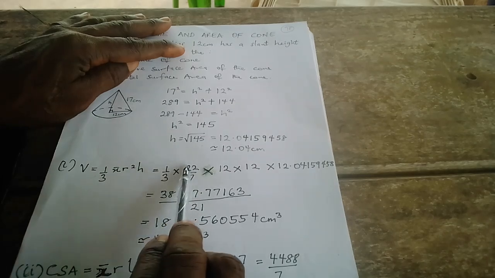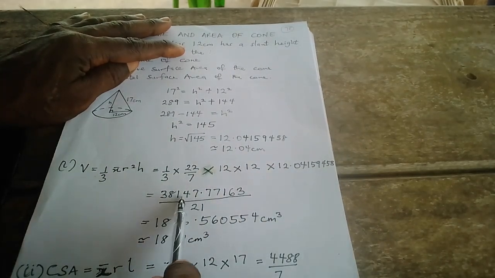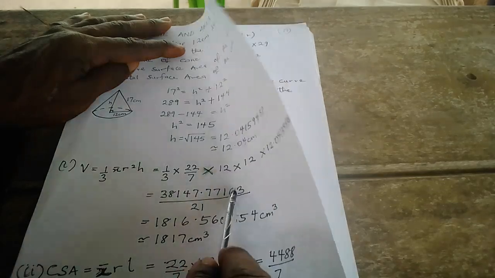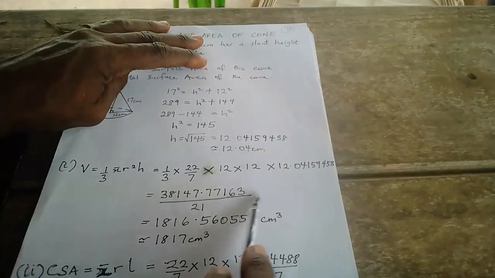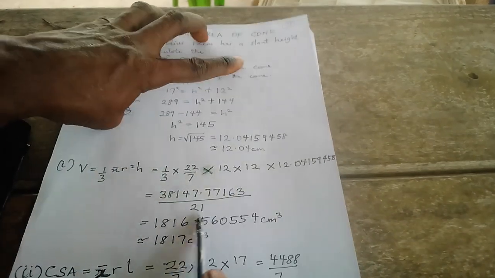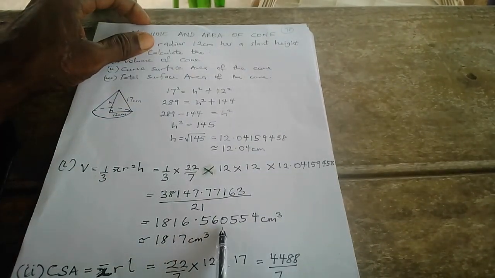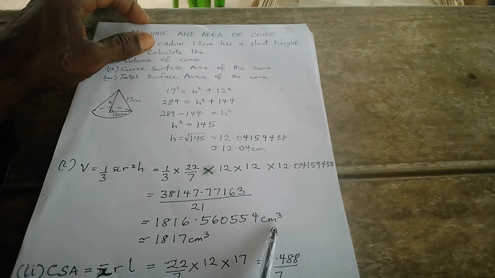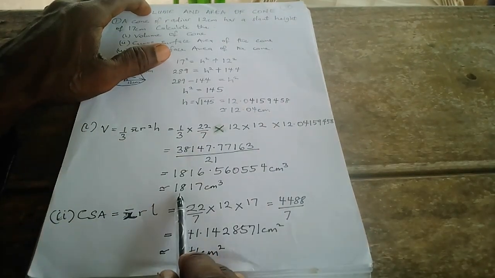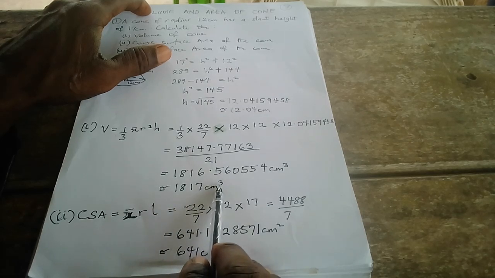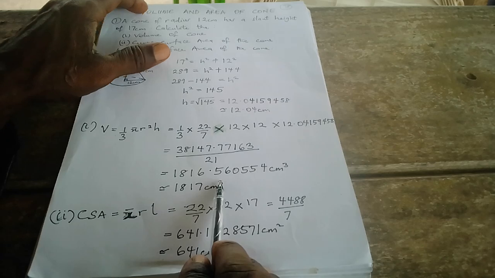If you multiply everything in the numerator, you get 38,147.77163, then divided by 3 times 7, which is 21. When you compute this, you get 1,816.5605554, which is approximately 1,817 centimeters cubed. The unit of volume is cubed.